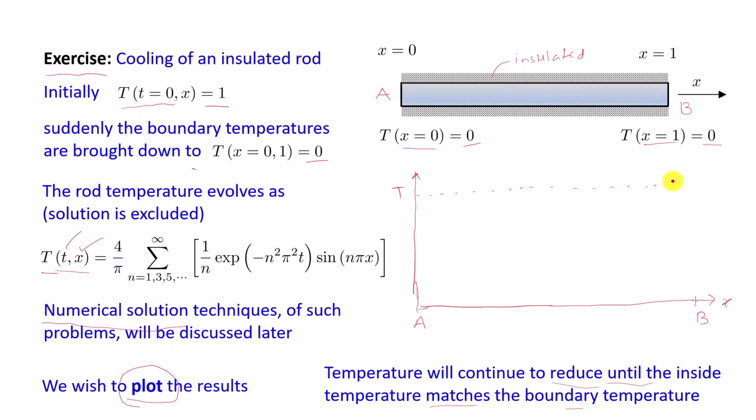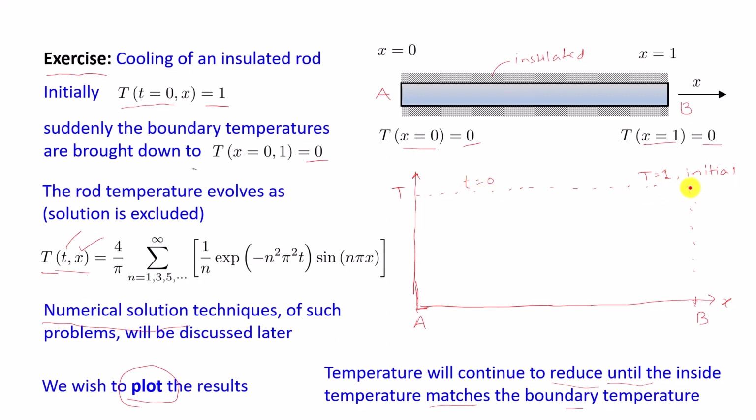So this is my initial temperature, T equals 1. When I make both ends A and B suddenly 0, the temperature inside will then begin to fall. So this is time t equal to 0.